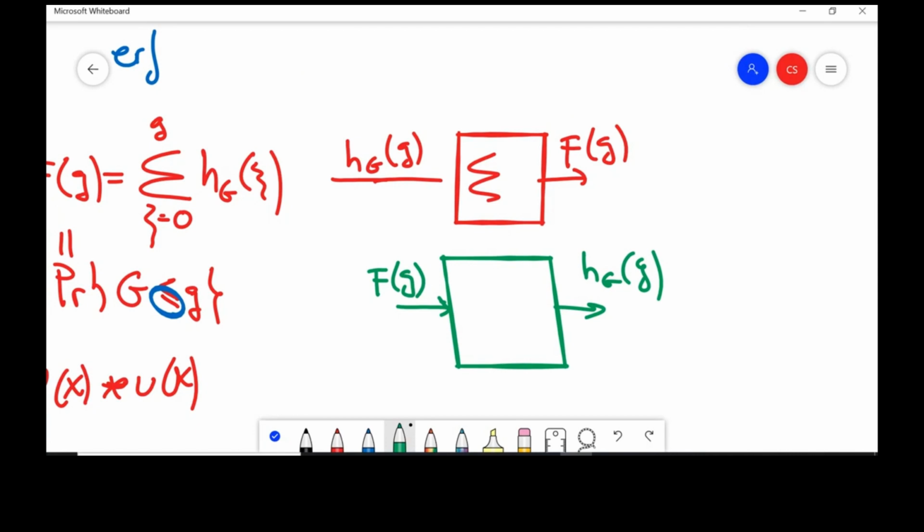It's called the first difference. So the first difference is simply this: F of t minus F of t minus 1. And let's see if that makes sense.